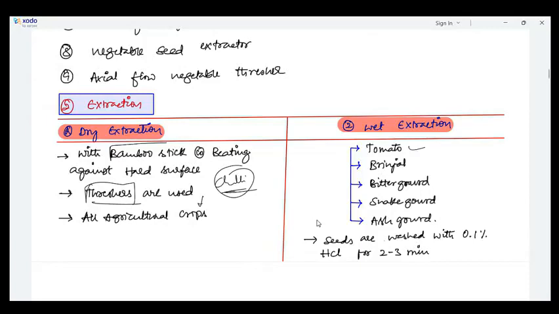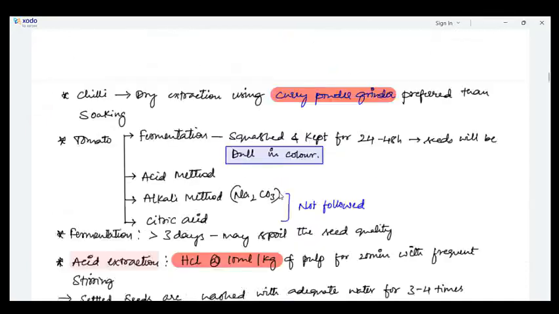Wet extraction is for tomato, brinjal, bitter gourd, other gourds or cucurbits, or more generally vegetables, where we need to extract seeds present in a fruit structure. They are usually washed with acid, generally HCl, at 0.1% for 2 to 3 minutes, and this is how it is done.